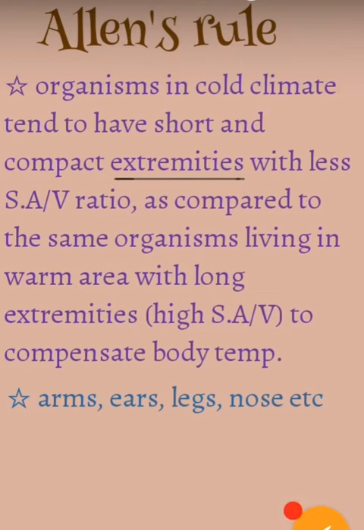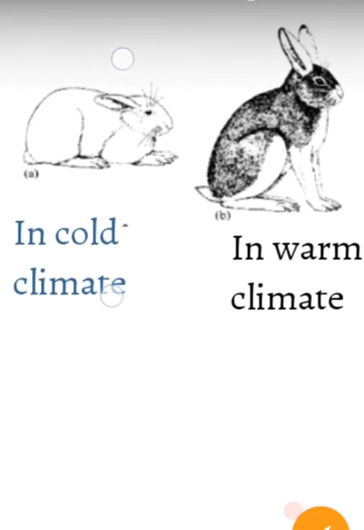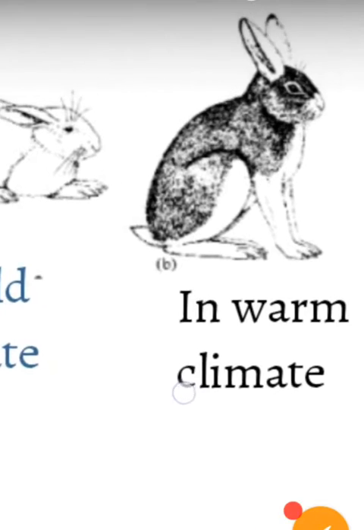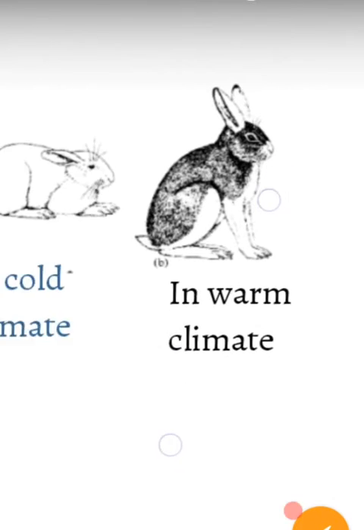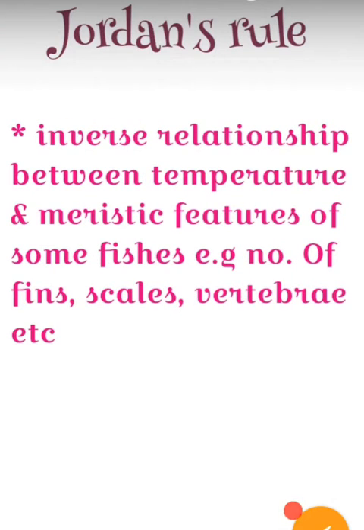So the extremities will be long, more body surface area will be exposed to the environment, and more heat will be lost by the body surface, and that will help in maintenance of body temperature of the organisms which live in warm conditions. So this is the example: in cold climatic conditions, the organism with small extremities, and in warm climatic conditions, the organism with large, long extremities.